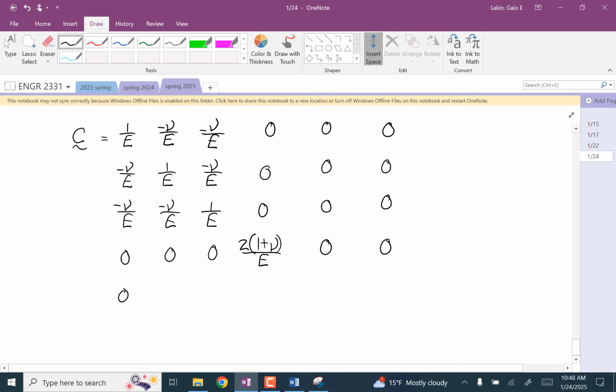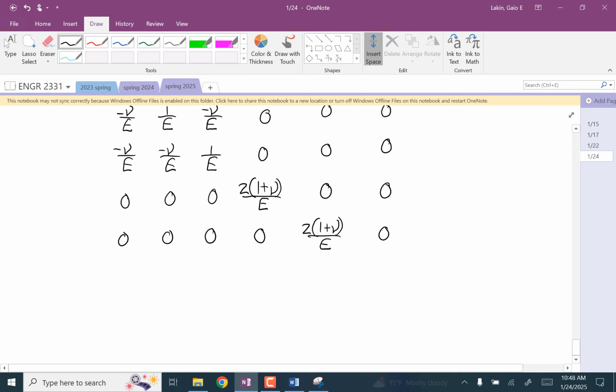So the next one is 0, 0, 0, 0, 2 times 1 plus nu over E, 0. And then 0, 0, 0, 0, 0, 2 times 1 plus nu divided by E.